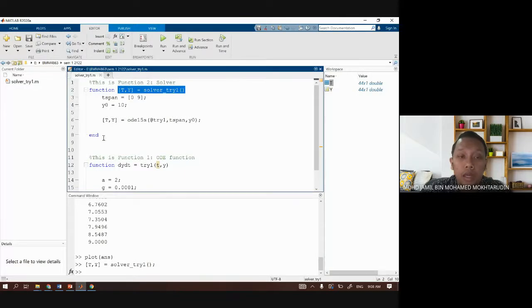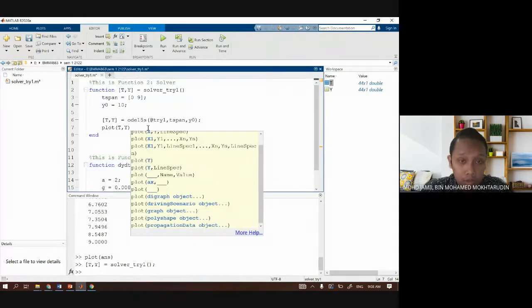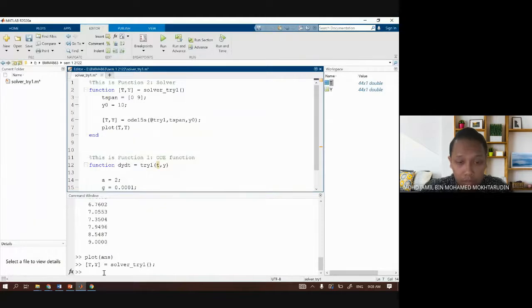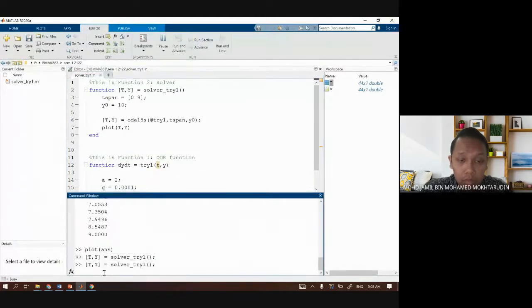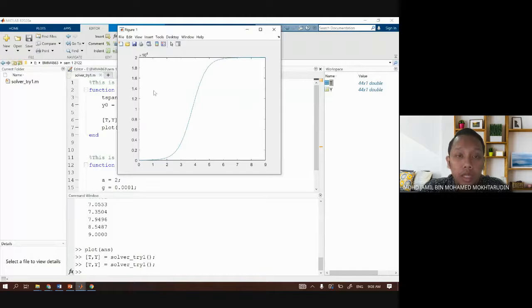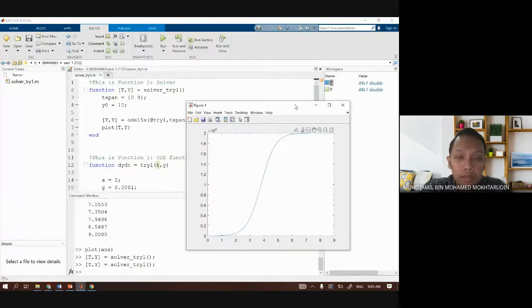Then you can plot y versus t. Let's run the code again. Okay, so you get a graph.